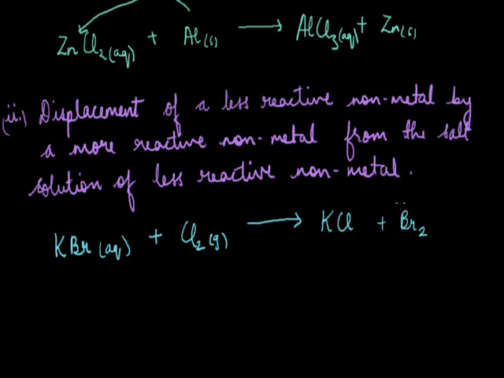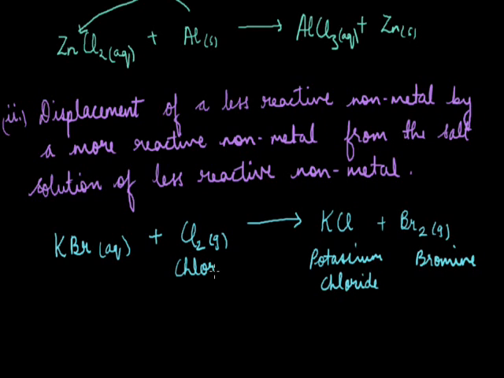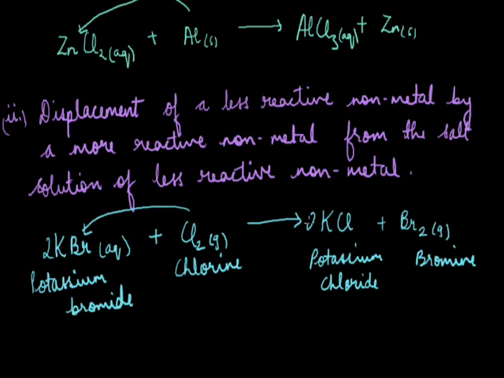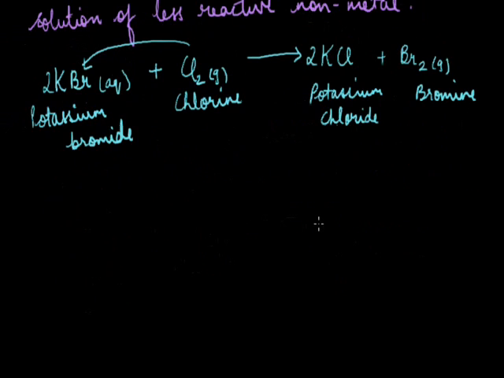So bromine gas is released along with the formation of KCl, that is potassium chloride. Chlorine being more reactive than bromine, it displaces bromine from its salt solution. So this is how we can show that a more reactive non-metal is displacing the less reactive non-metal.